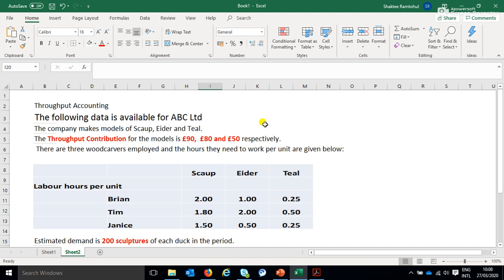You will have to understand that throughput accounting is mostly adopted where companies have a just-in-time system. And when you have a just-in-time system, you want to make best use of your resources, be it materials or labor. Let's say, for example, we take a car manufacturing unit, and you want to make the best of your resources. If you get an order for 100 cars, obviously your aim is to make 100 cars.